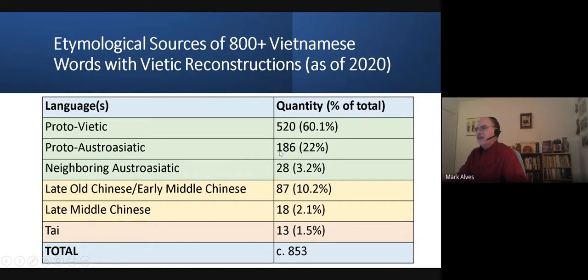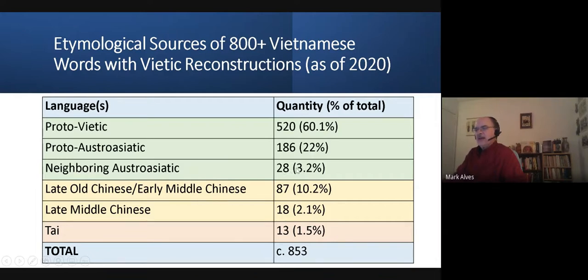There's a lot of Proto-Austroasiatic vocabulary in Vietnamese. And then sometimes they're in neighboring Austroasiatic languages like Katuic and Bahnaric and Khmeric sometimes, some percentage here. Usually the Katuic and Bahnaric languages that are in Vietnam, those sometimes shared in, sometimes they are in Vietnamese and Vietic.